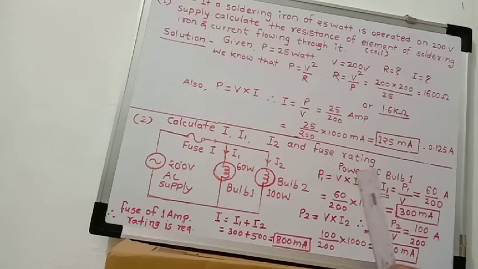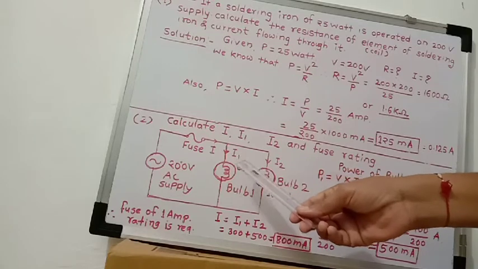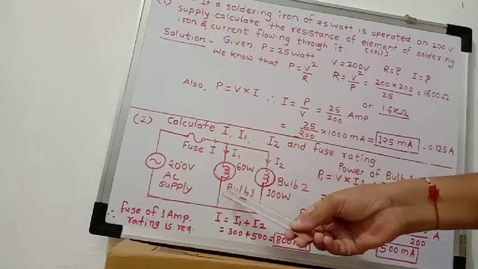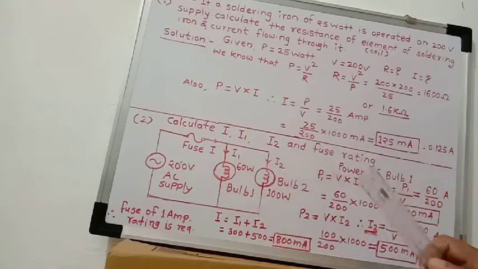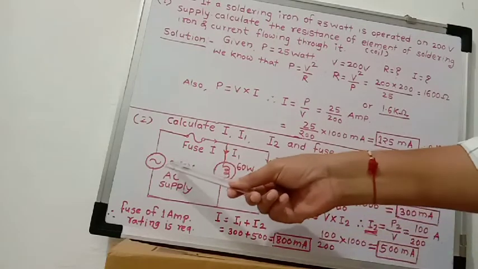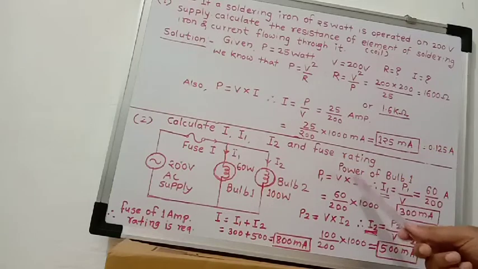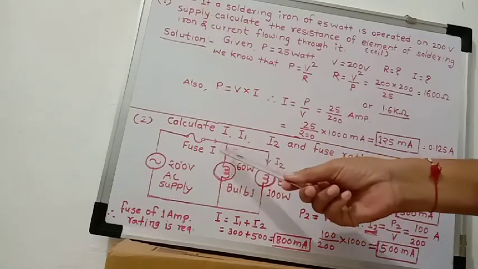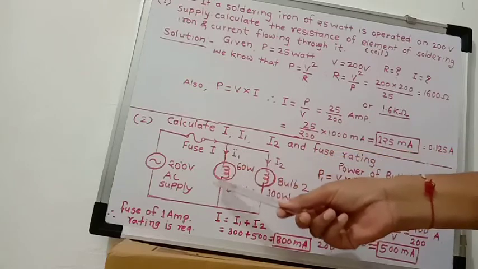We know that power P is equal to V into I. So we have to find the power of bulb 1, P1, which is equal to V into I1, where I1 is the current flowing through bulb 1.